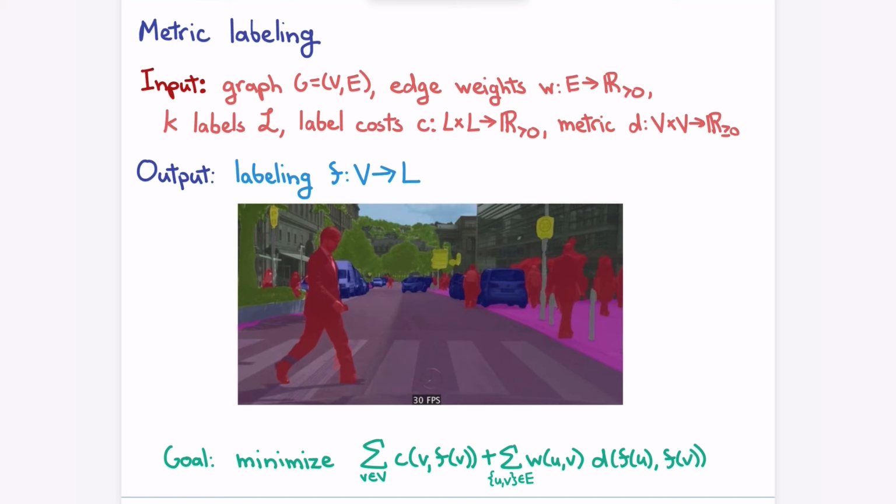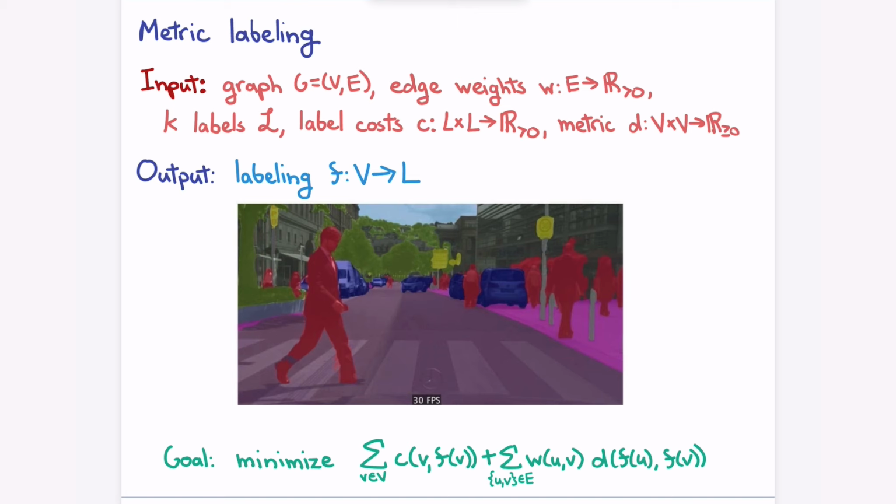You might assign a metric that scores how similar two pixels are, maybe based on some features nearby. The goal is to assign labels to every vertex.